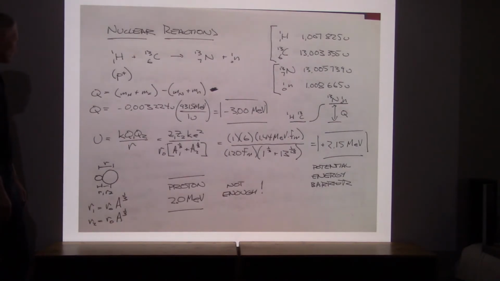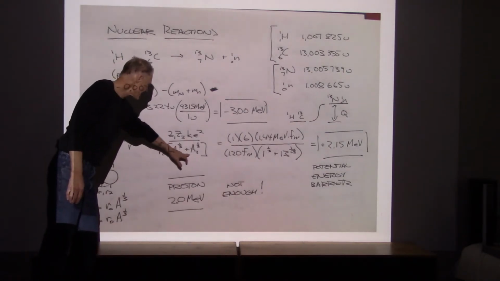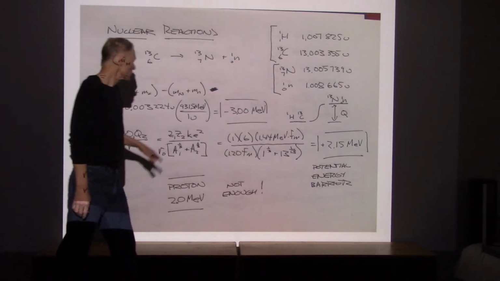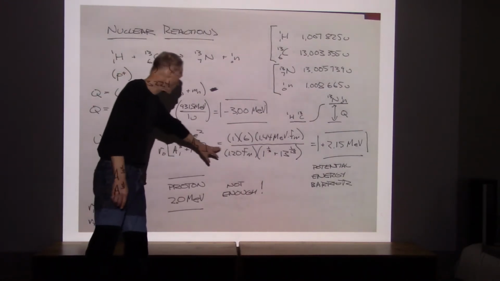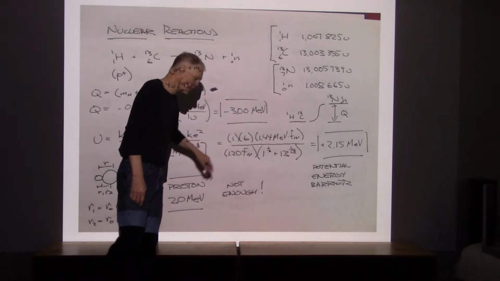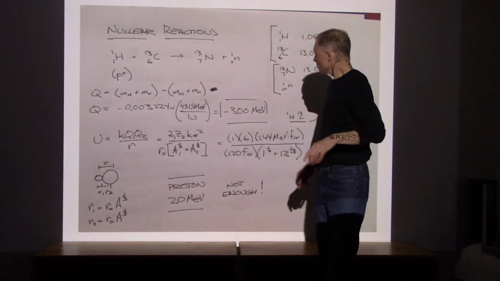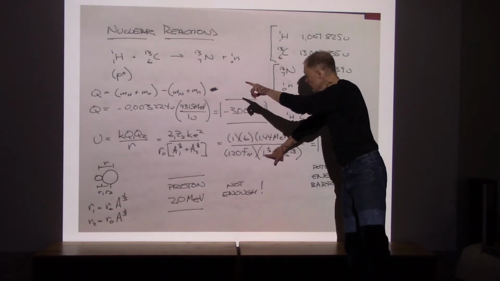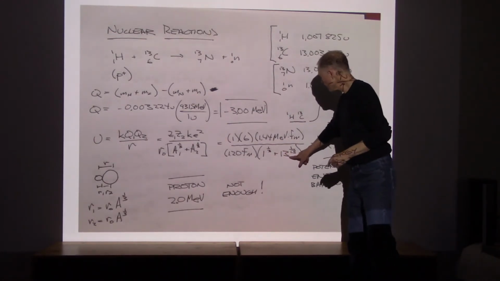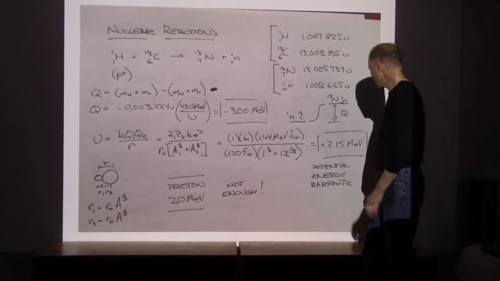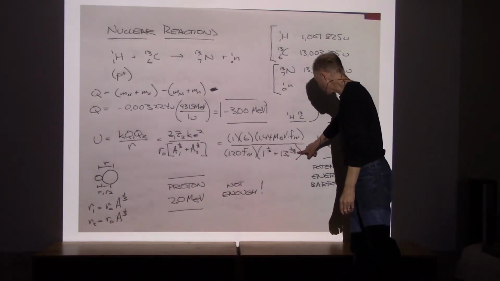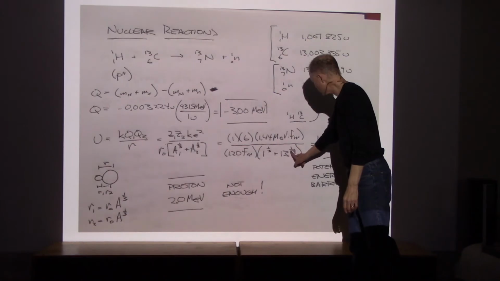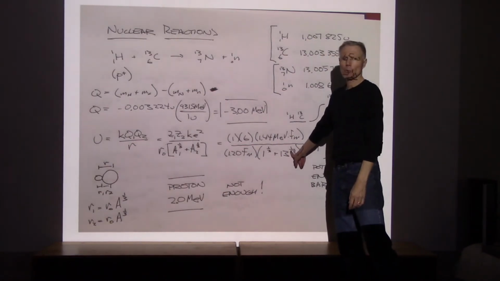And so I put those up here to combine them. So I'm putting all the numbers in, but R0 is 1.20 femtometers. The total number of nucleons for the hydrogen coming in is just 1, but for the carbon-13 it's 13. Now, I don't know why this says 1 over 13. It should be 1/3. There we go. Okay, 1/3.